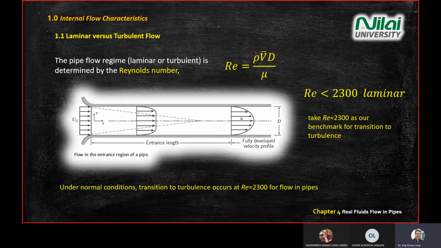Some textbooks will use 2100; the textbook that I use for this module, the author used 2300, which is still acceptable. So this is the number that guides us to the type of flow that we have. If it's less than 2300, we get laminar. If it's more than 2300, we have a turbulent flow.